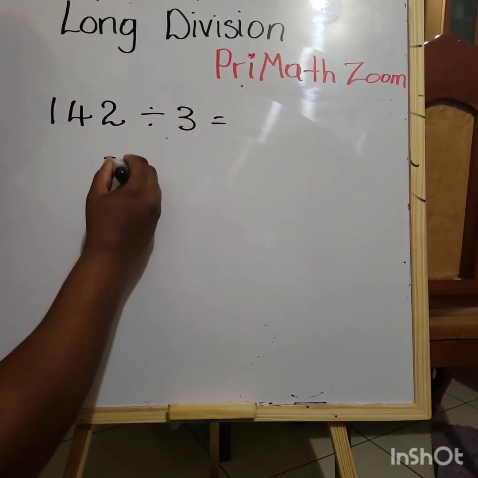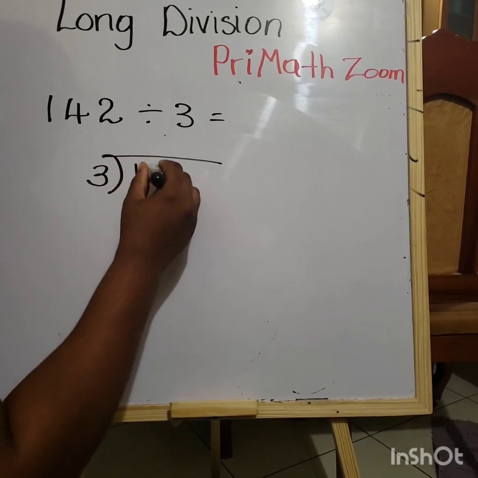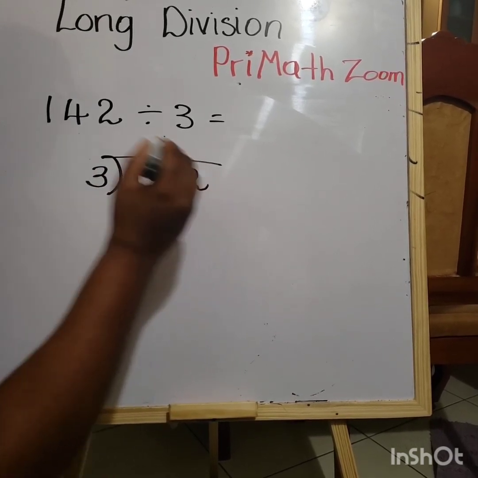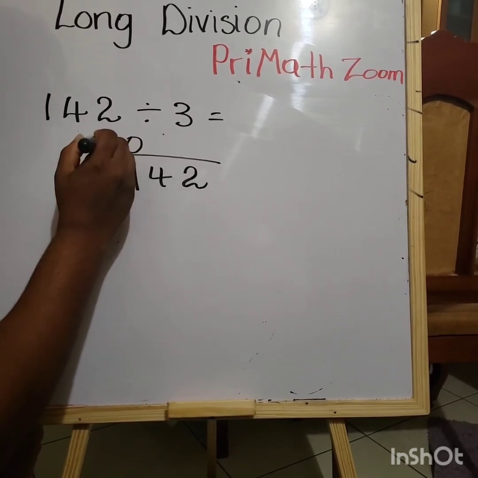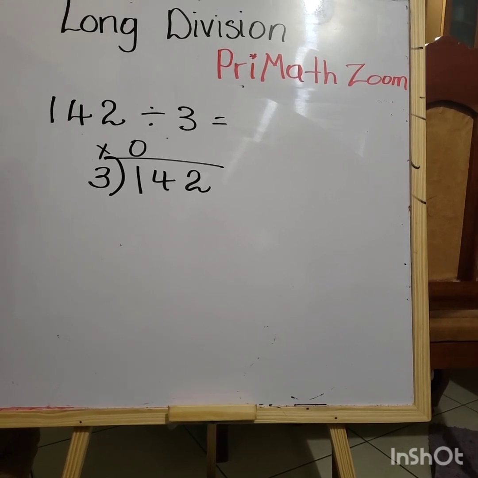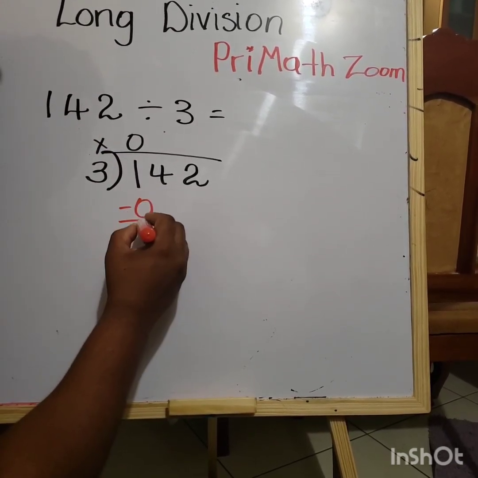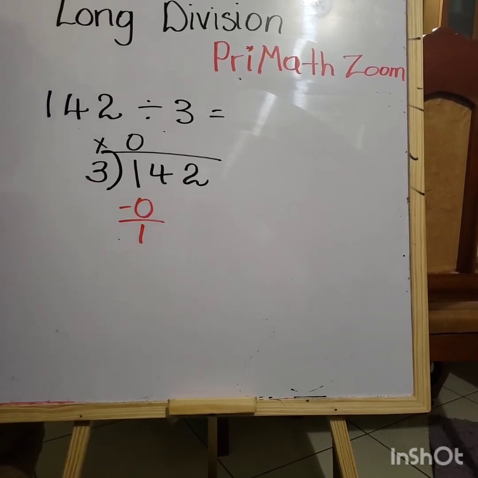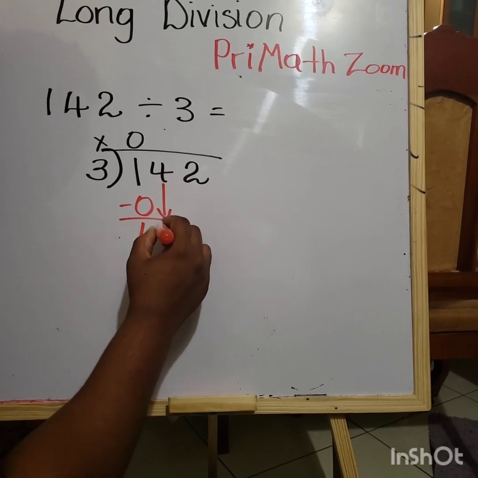Let us draw this up. Proceed. 3 into 1 we can't. We write 0 here, multiply it by 3. Will give us 0. 0 from 1, 1. Next thing we need to do is, yes, bring down the other digit.